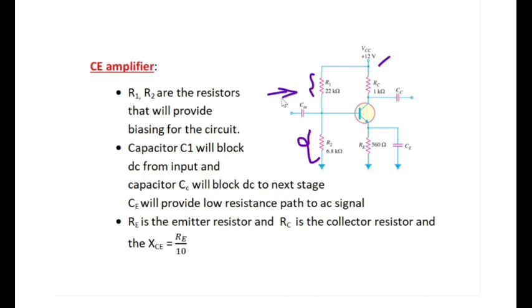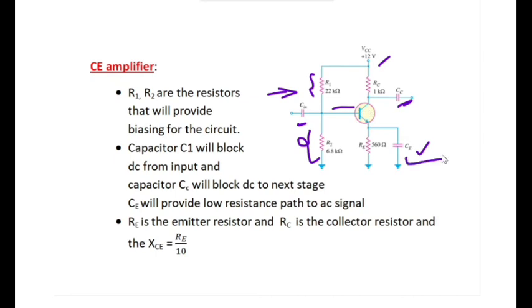If we apply input from any input source that has DC in its output, it must not interfere with this amplifier circuit. So to stop that DC, we are using a capacitor here, and the capacitor CC is a coupling capacitor. We have already seen this, and the capacitor CE will provide a low reactance path to the AC signal that is amplified in this circuit.